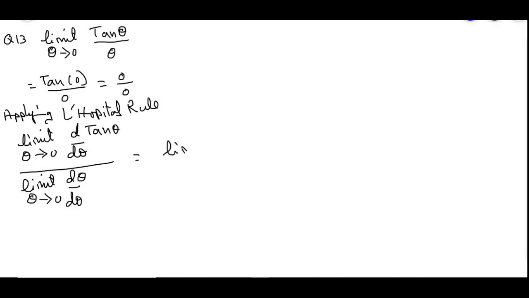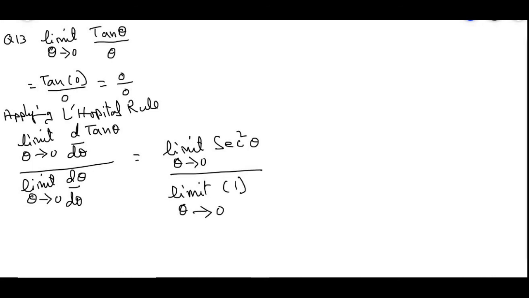Limit theta approaches to 0, this is secant square theta, whole divided by limit theta approaches to 0, and the derivative of theta is 1.